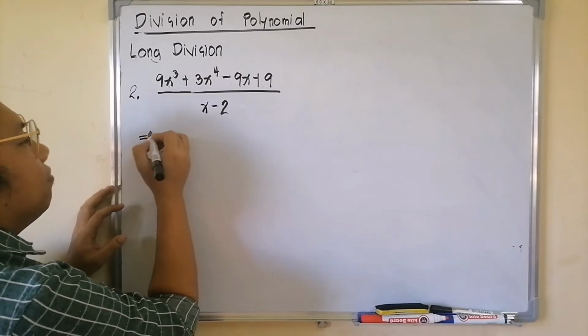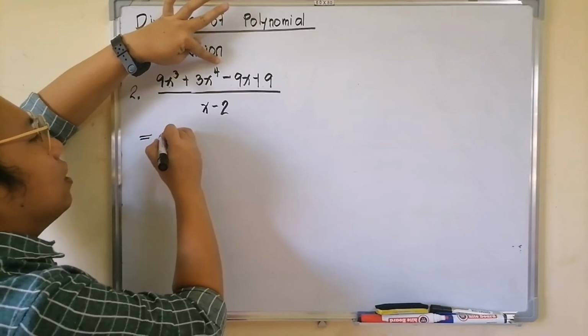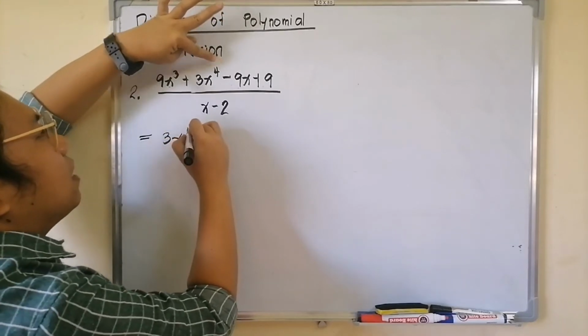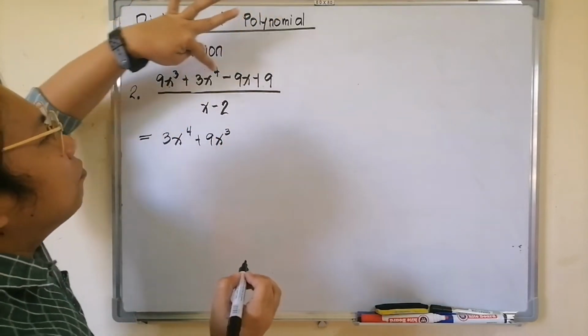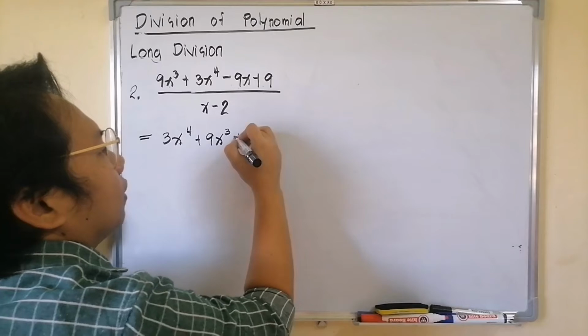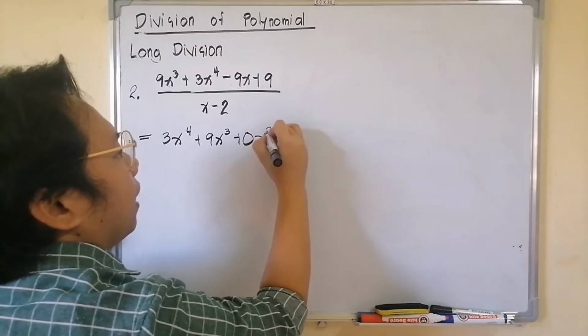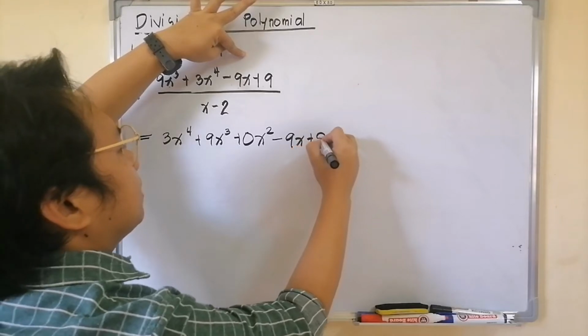Since your highest exponent here is 4, that should be written first. You have now plus 9x cubed, and we have no x squared, so we will add 0x squared. Then you have minus 9x plus 9.